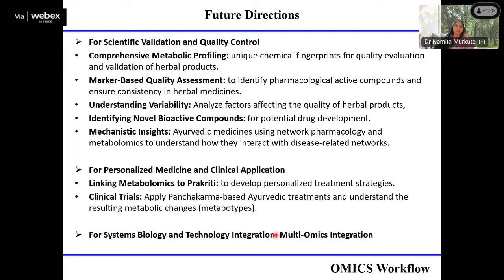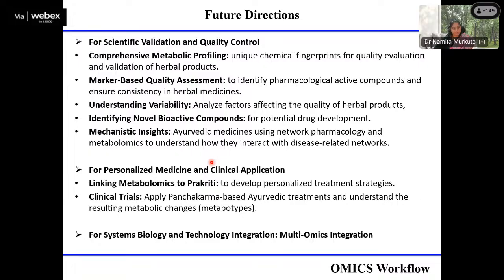So what can be the future directions? For scientific validation and quality control, comprehensive metabolic profiling can be done, and unique chemical fingerprints for quality and validation of herbal products can be created. Marker-based quality assessment can be done, for example, to identify the pharmacologically active compounds and ensure consistency in herbal medicines.